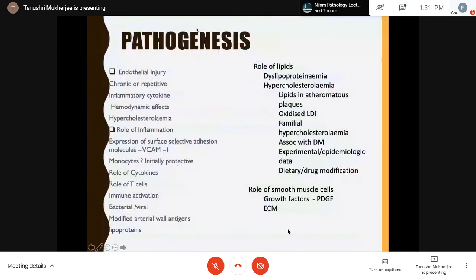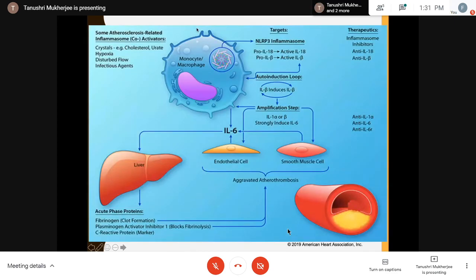So to summarize: endothelial injury, then the role of inflammation, surface selective adhesion molecules like VCAM-1, role of cytokines, role of T cells, then immune activation, then bacterial or viral factors could be there, then role of lipids and role of smooth muscle cells. So this is a simplified view of how these interleukins are implicated in the formation and aggravation of atherothrombosis.